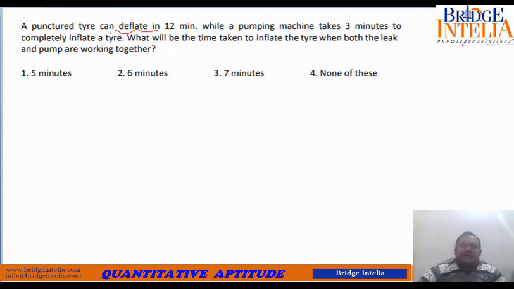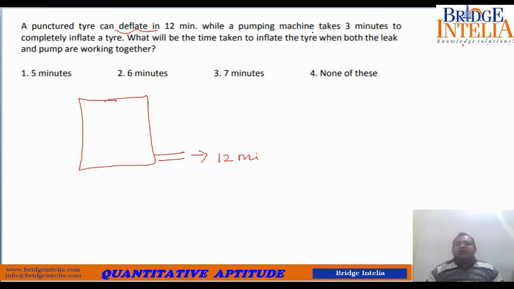You can think in terms of a tank also: a pipe can empty it in 12 minutes. While a pumping machine takes air inside the tire, so it is acting like an inlet pipe. So inlet pipe 3 minutes, outlet pipe 12 minutes.